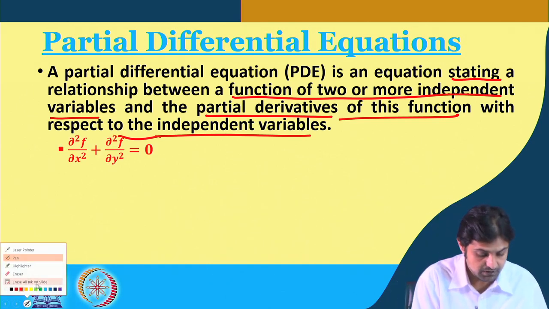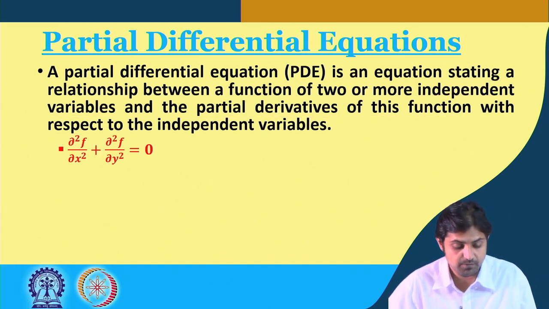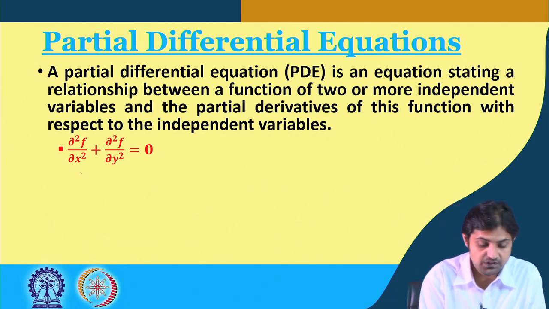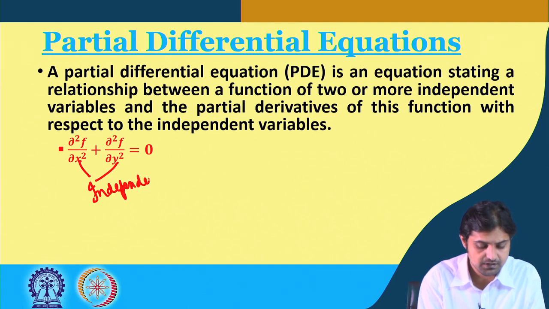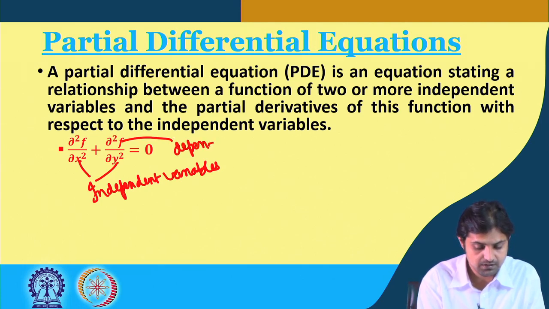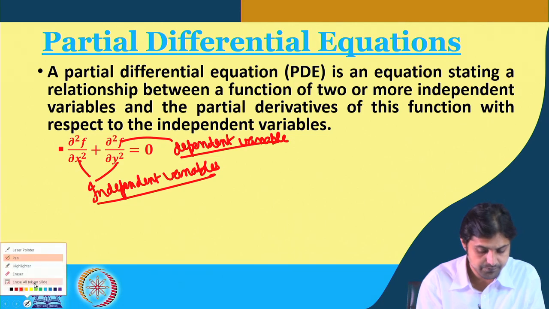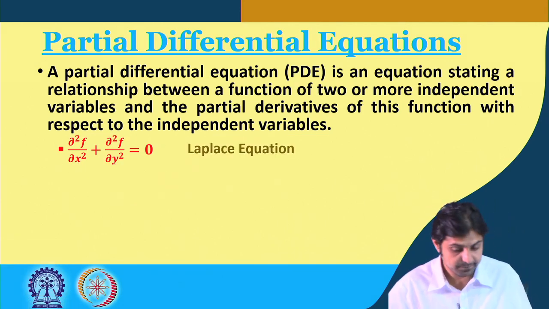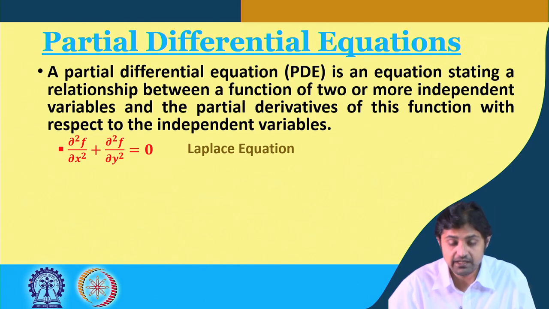For example, this equation, del square f by del x square plus del square f by del y square is equal to 0. Here x and y are independent variables, and f is a dependent variable, and this equation is called the Laplace equation.